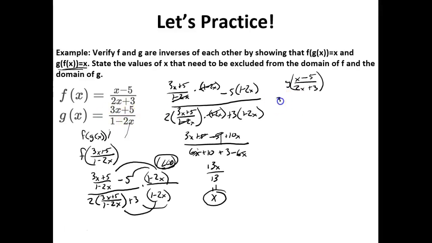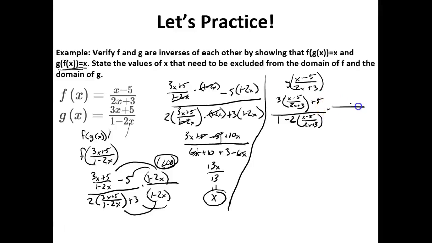So I'm going to do 3 times what's going in, x minus 5 over 2x plus 3, plus 5, over 1 minus 2 times what's going in, x minus 5 over 2x plus 3. To make this simplify, I'm going to multiply both the top and the bottom by the LCD, the 2x plus 3.